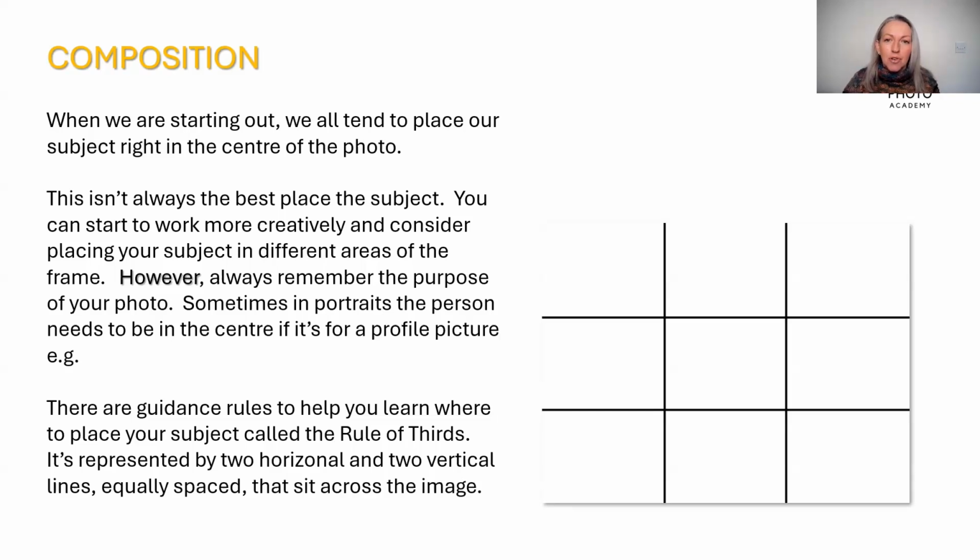grid lines, which you can turn on, which I'll show you how to do in a wee second. And that is helping you learn how to place your subject, be it a person or thing, better in your photograph. So this guidance rule is known as the rule of thirds. And basically it's 2 lines, horizontal and vertical, where your image is divided up into 9 sort of equal spaces, and they are equally spaced across your image.